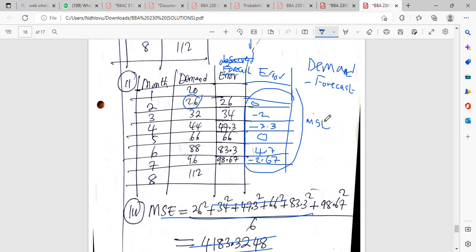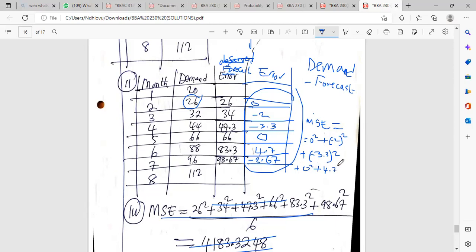MSE is equal to 0 square, then plus minus 2 in brackets square, then plus minus 3.3 square, then plus 0 square, then plus 4.7 square.